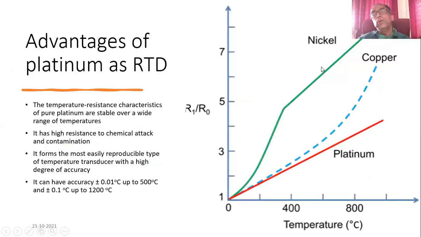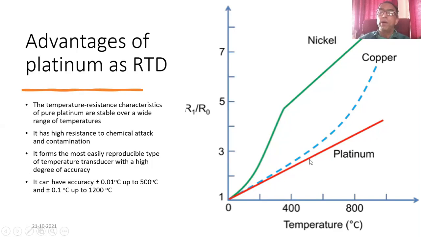Advantages, as I told you, we can use different materials as RTD material, as platinum, copper, or nickel. Now, if we compare the performance of these 3 different RTDs, if temperature is plotted on x-axis and the ratio of resistances RT by R naught is plotted on y-axis, as you can see, platinum provides me a fairly linear relationship between temperature change and resistance change.